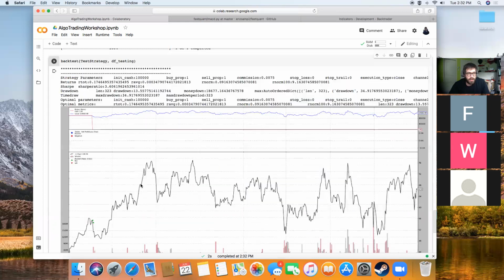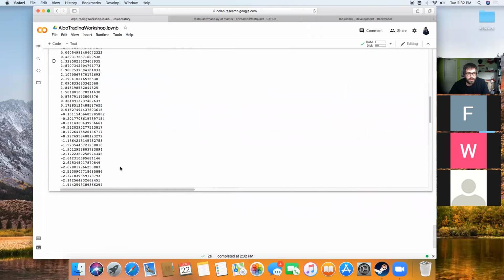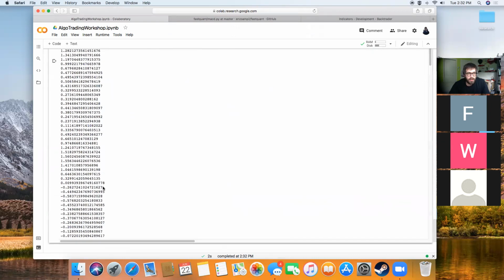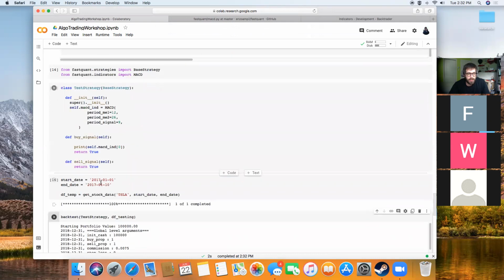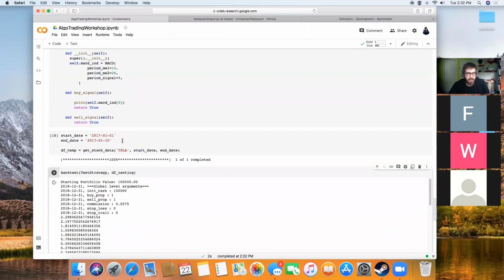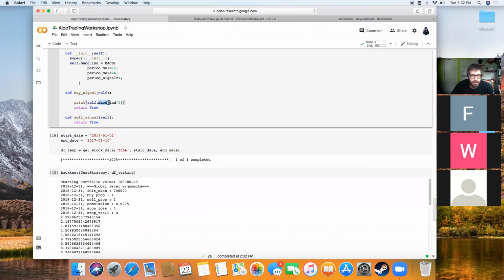Okay, so we are getting a lot of outputs, and this is the actual data. No, sorry, and here I'm printing the MACD indicator at 0, just to show you how to use the indicator. So just by registering it, it's going to calculate automatically.